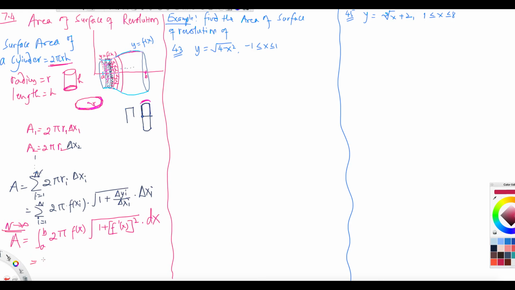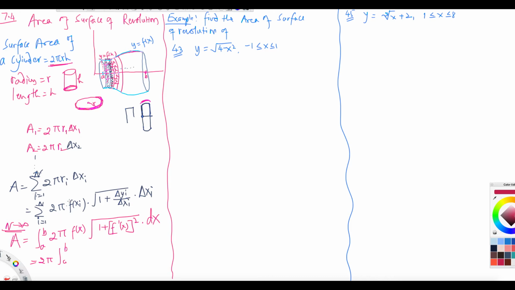This is the same as, you can put 2 pi outside, and then from a to b. Again, this f of x is the radius. If this curve is rotated around the y-axis, the radius will be g of y. So let me write r of x instead of f of x. R is basically the radius, and whenever you are rotating about the x-axis, r of x and f of x will be the same thing.